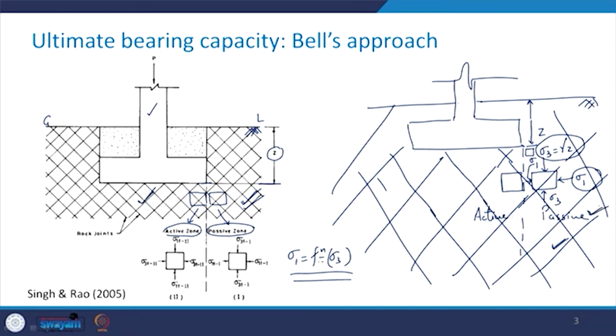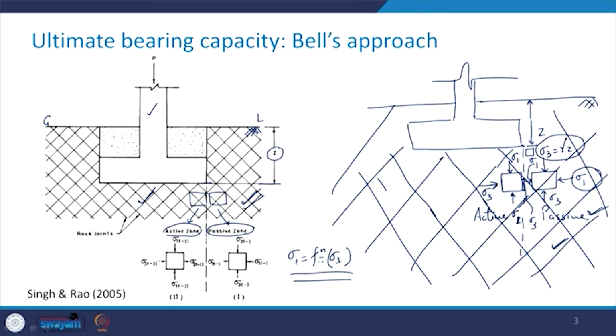Now, come to the active zone. Again, here you will have sigma 1 and here you will have sigma 3.